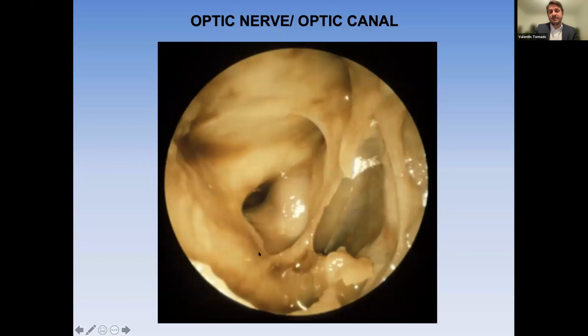As you heard previously, there is an anatomic variation that is called onodicell, and if you think you see the optic nerve and the carotid artery, don't mistake it for the sphenoid sinus, because in this case you see that there is a lamella just running over the carotid artery, and the sphenoid sinus is behind this thin bone.